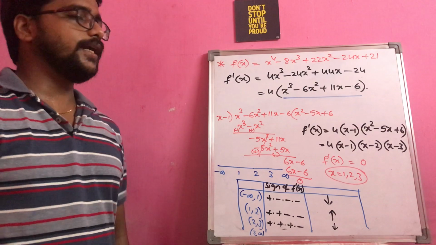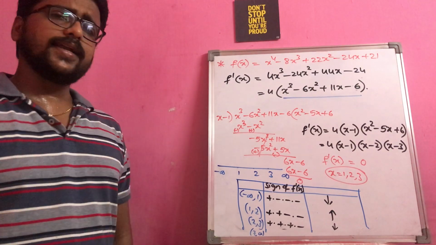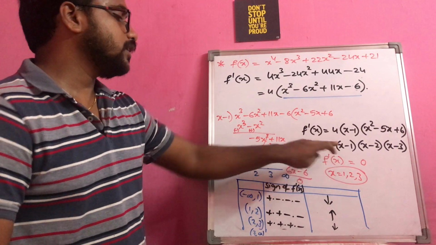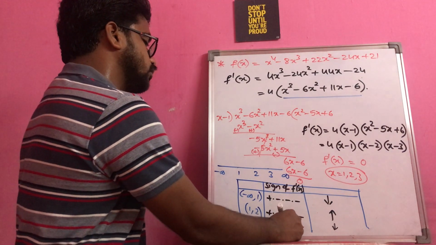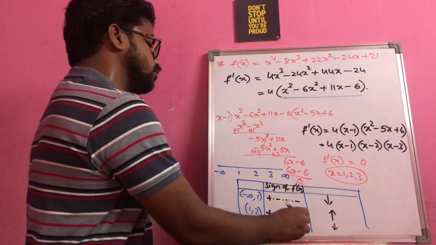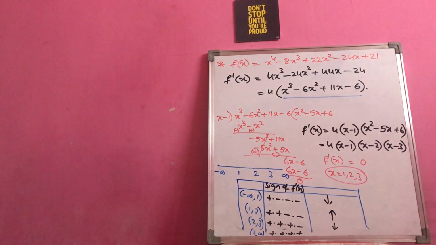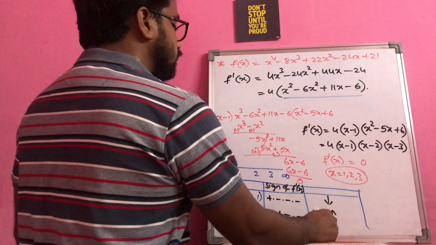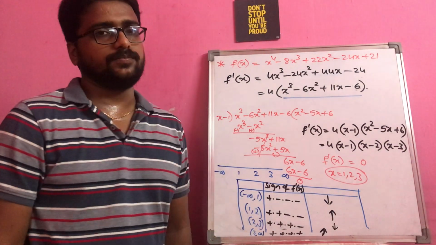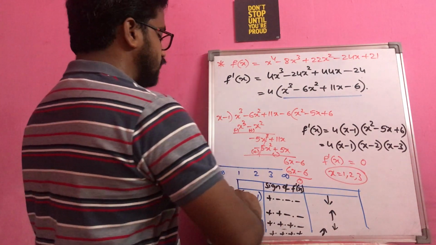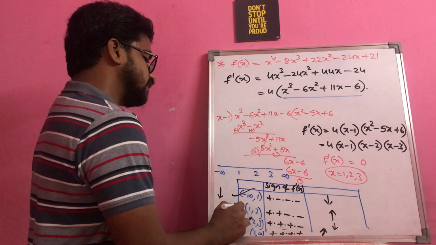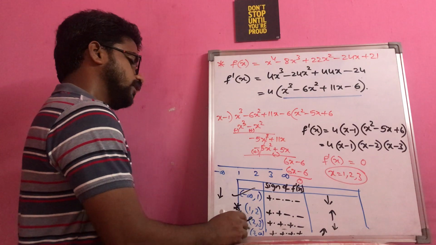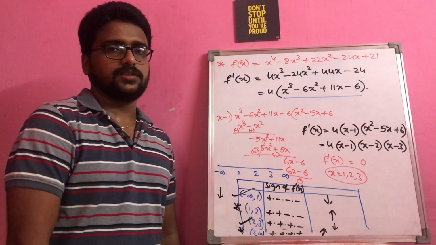Come to the last part, 3 to infinity, I can take 3.5. 4 is positive, 3.5 minus 1 positive, 3.5 minus 2 positive, 3.5 minus 3 is also positive. So as the entire thing is positive, finally my result is an increasing function. So that means in the first and the third interval the function is decreasing, whereas in the second and the fourth interval the function is increasing.